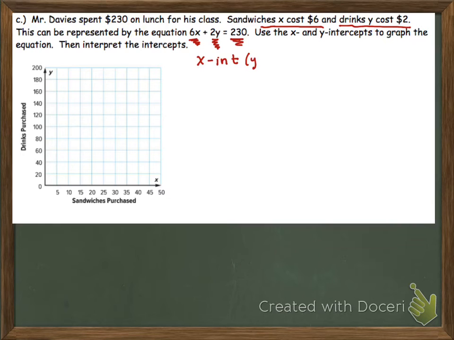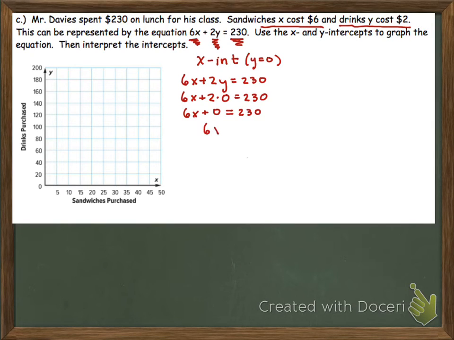So again, we're just going to start with finding our x-intercept. Remember, that's when y is equal to 0. So you're going to write the equation and plug in 0 for y. That 2 times 0 is just going to give you 0.